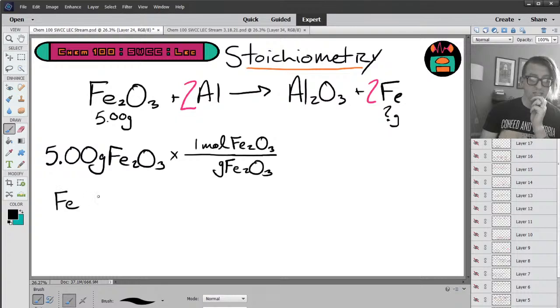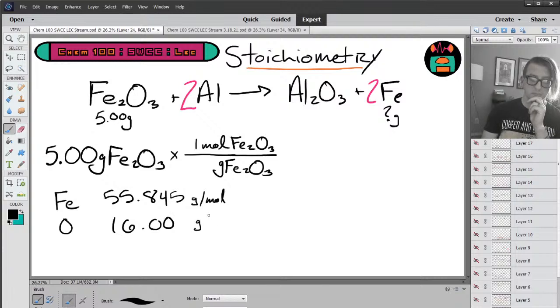Iron has an atomic mass of 55.845 grams per mole. Oxygen has an atomic mass of 16.00 grams per mole.